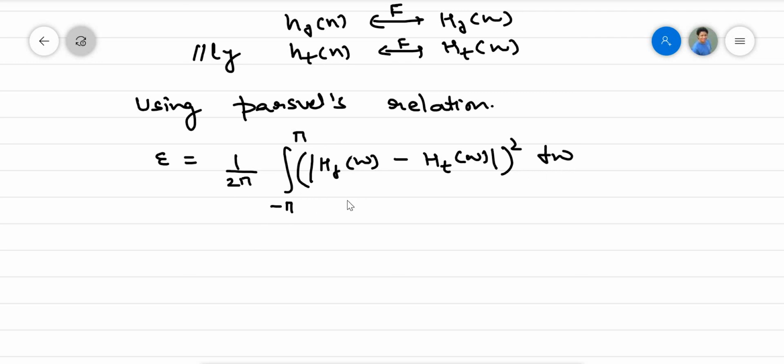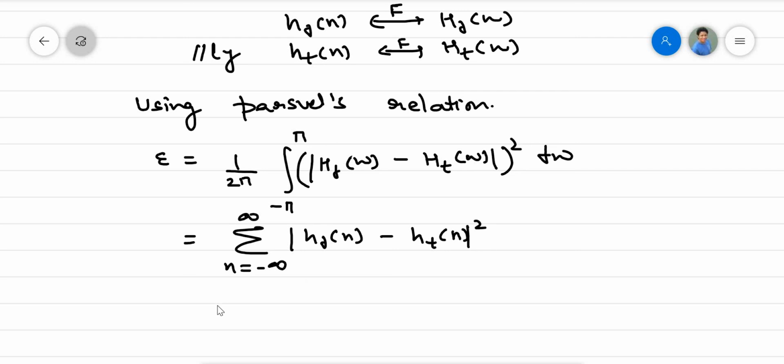Now one can clearly see this is the relation of Fourier series. So it is equivalently written as the summation over n equals minus infinity to infinity of |h_d[n] minus h_t[n]| squared.